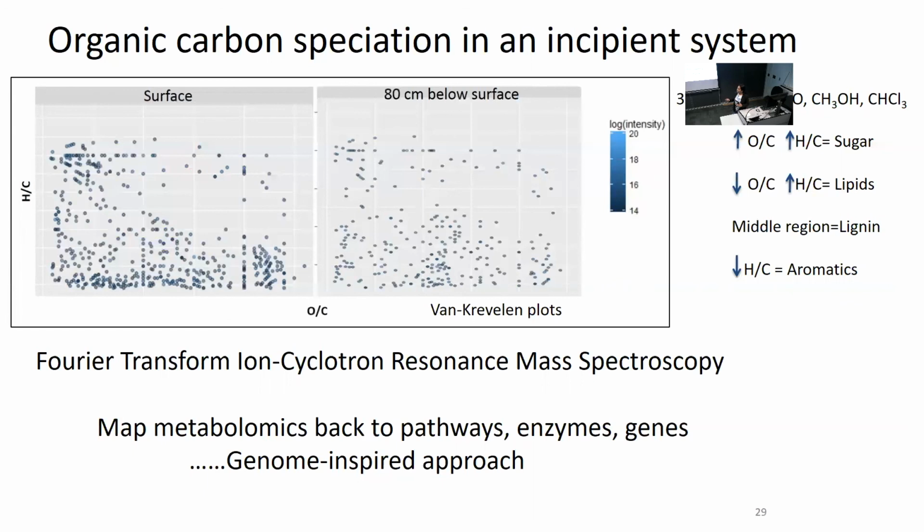So if you look at one sample from the surface of Menilio and compare it to a sample that was 80 centimeters below the surface, you can see that the dots differ in certain regions, and the intensities also differ. So in a system where the carbon is so low, a technique like this mass spec, which is a very ultra high resolution technique, can tell you what the system looks like.